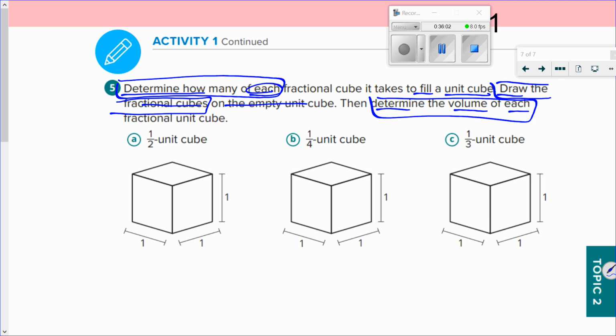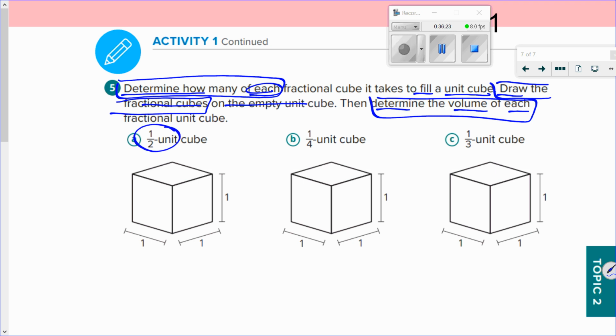So first period really struggled on this, so I'm going to go through the first one with you guys to give you an idea of what it is that you are doing. So first part, and I'm going to be honest, determining how many is actually going to be easier if I draw them in first. So I'm going to start, I'm using a 1/2 unit cube, correct?